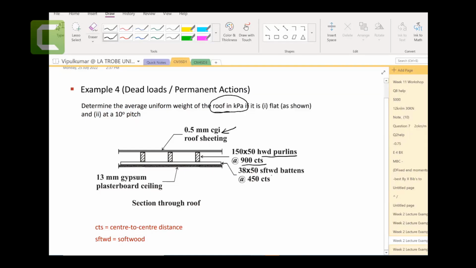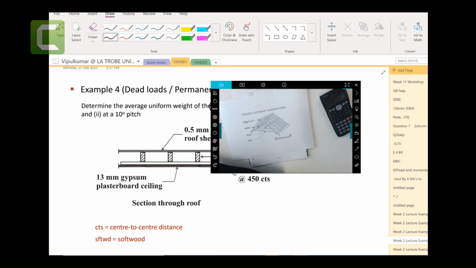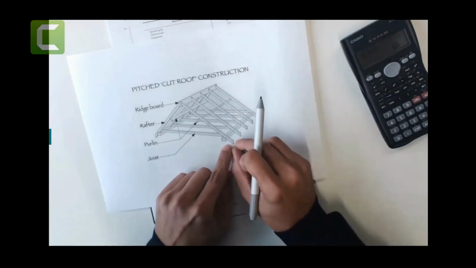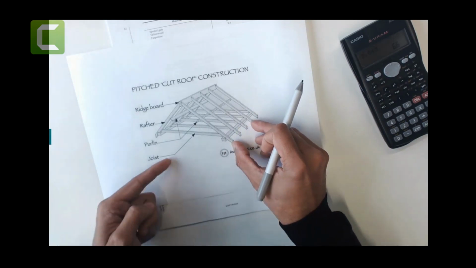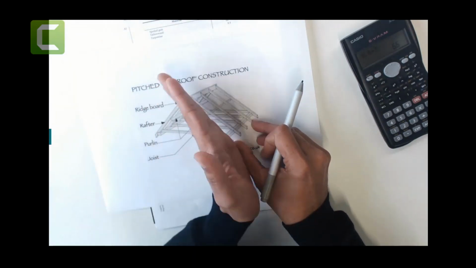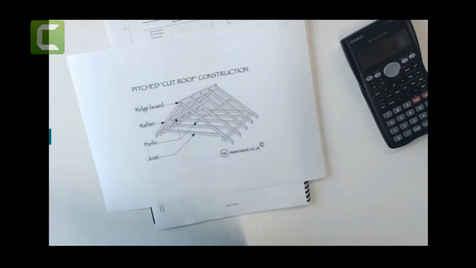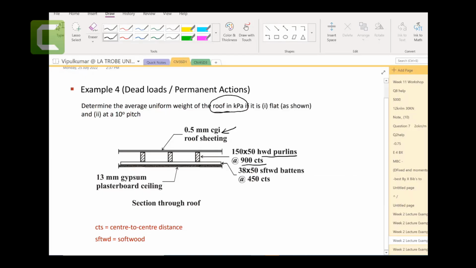Then you have softwood battens. Again, you have these cross sections and they give you the center to center distance. If you are looking from this side, you will see these cross sections appearing.